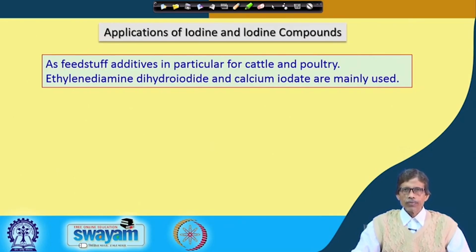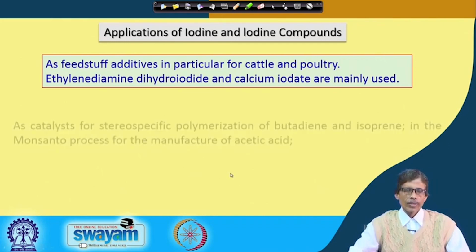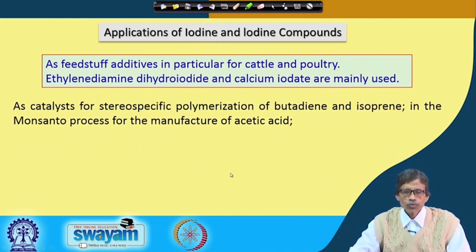With HI, it gives you the salt, that means en.2HI, where en is ethylene diamine. That salt is a solid, and that solid can be utilized as a feed additive for your cattle and poultry.